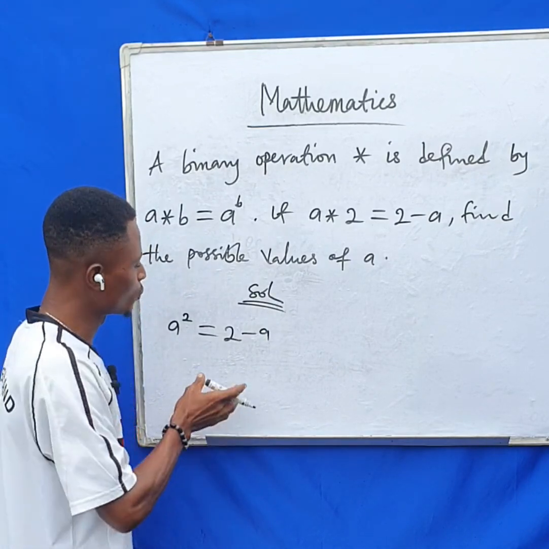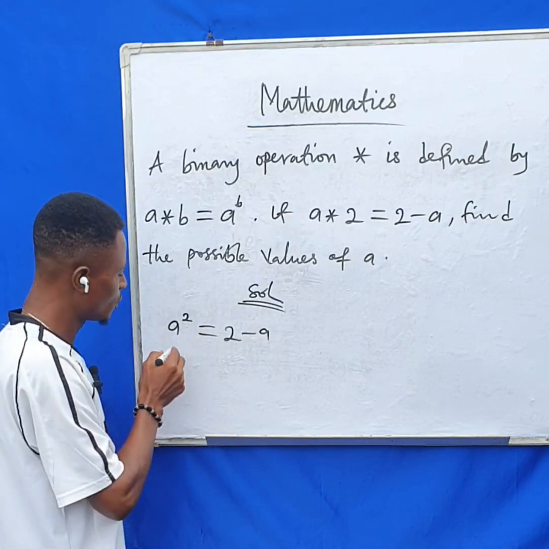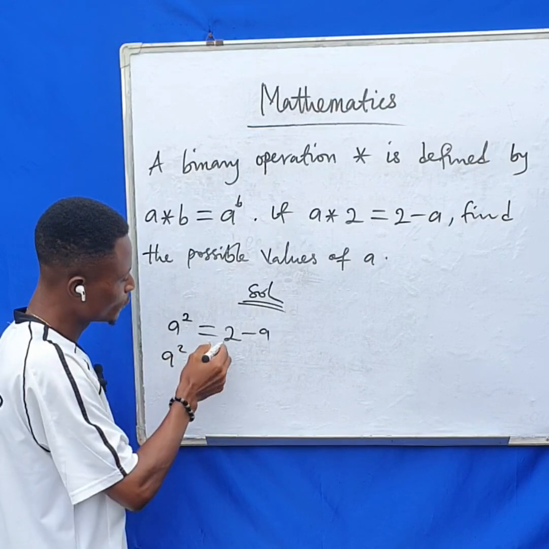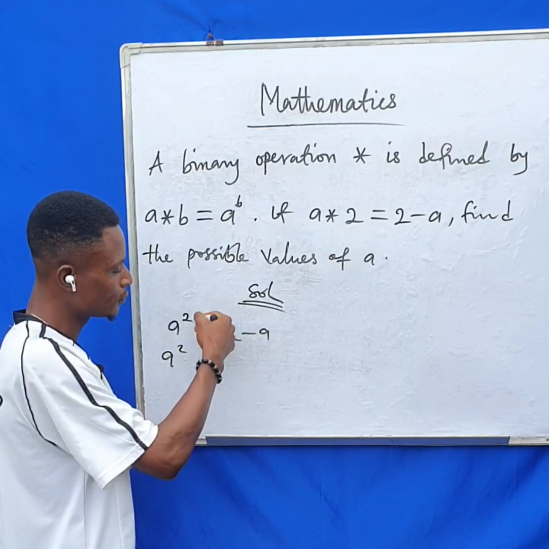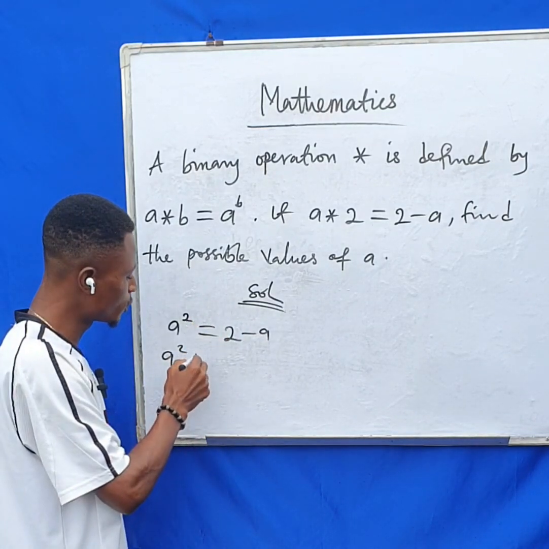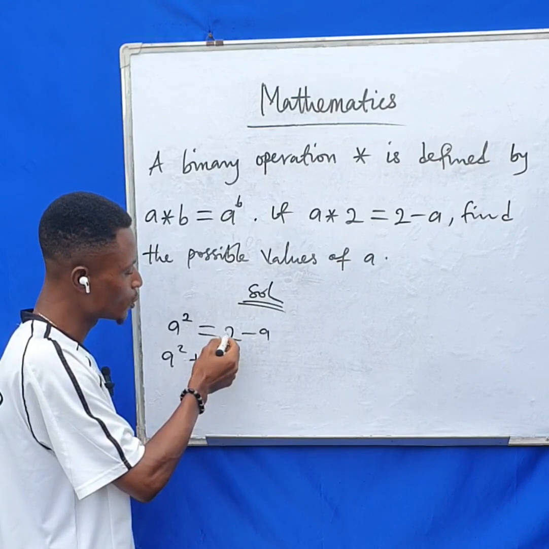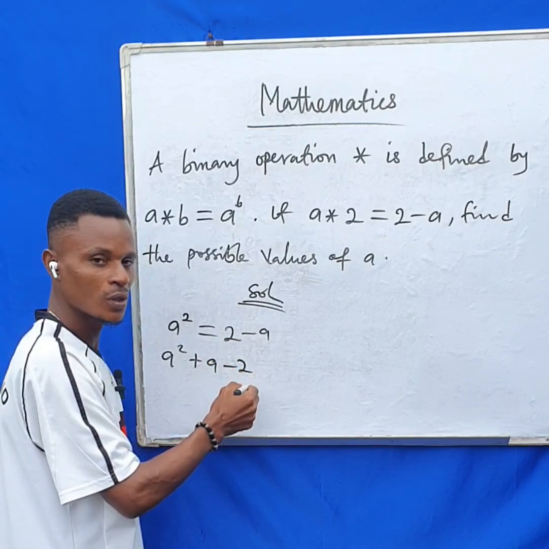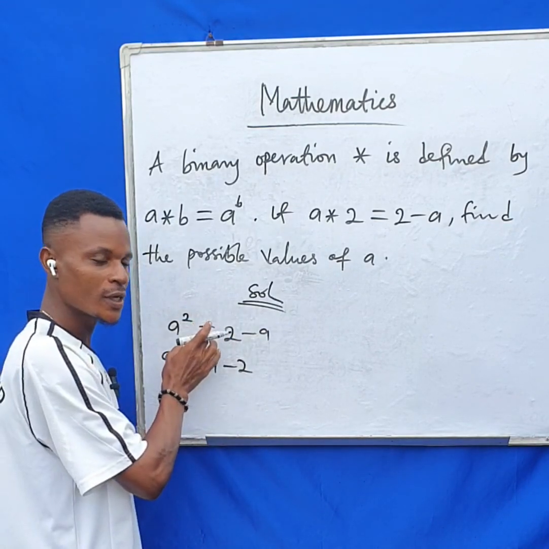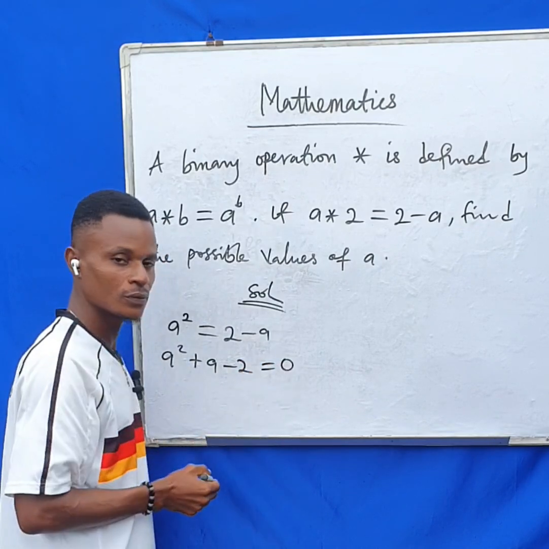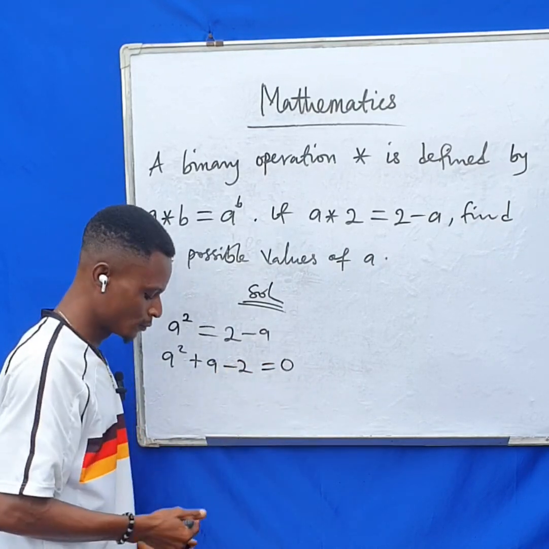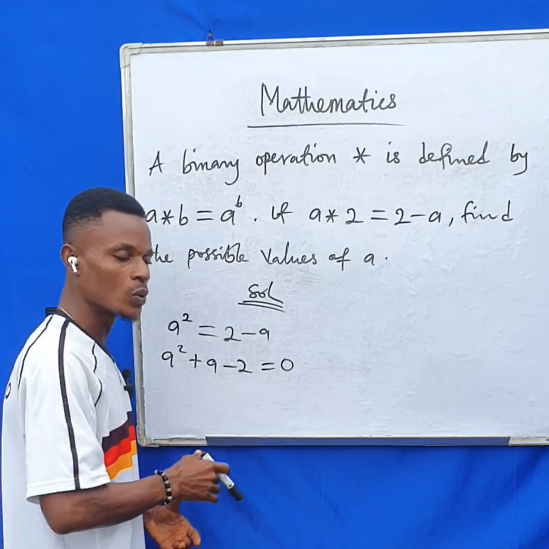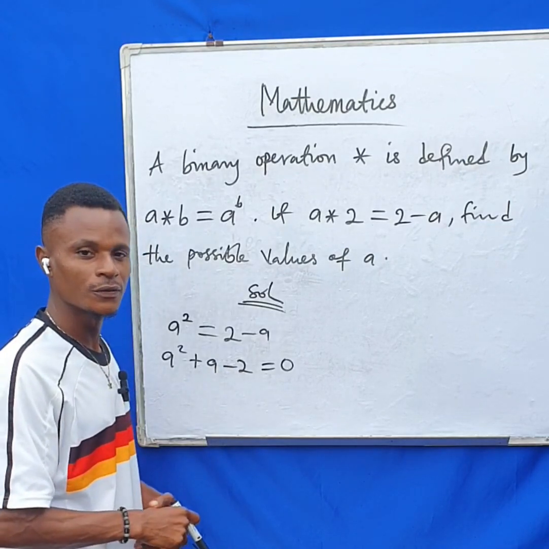The next thing to do is to move this to this other side. We have a squared. If this negative a crosses to this side, it becomes positive a. If this positive 2 crosses, it becomes negative 2. Because we have moved everything to this side, we are going to be left with 0 on the right-hand side. Now this is a quadratic equation that we need to solve.